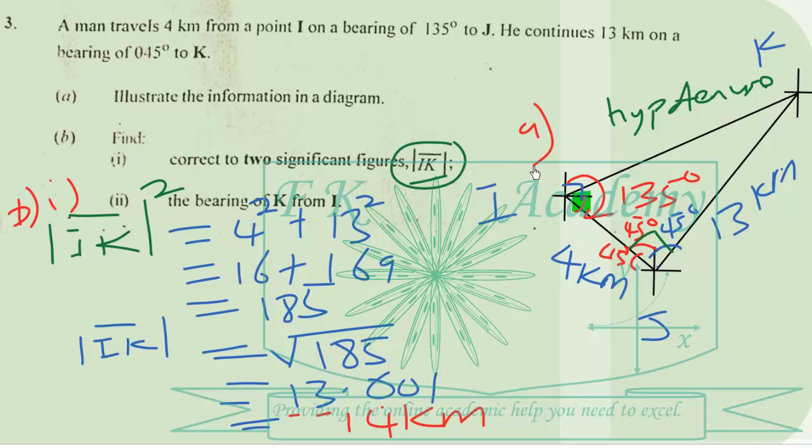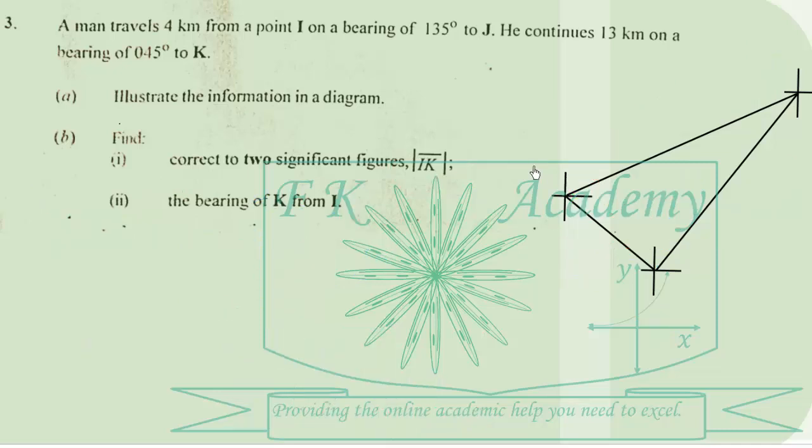Then we are asked to find the bearing of K from I. Bearing of K from I. So we start from I, this is I, this is K. So we start from I until we touch K. So we know the whole thing here.